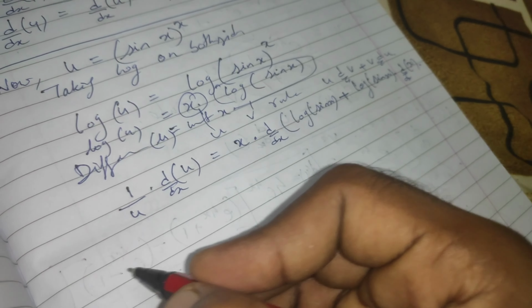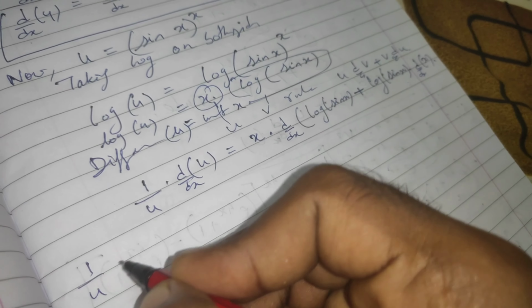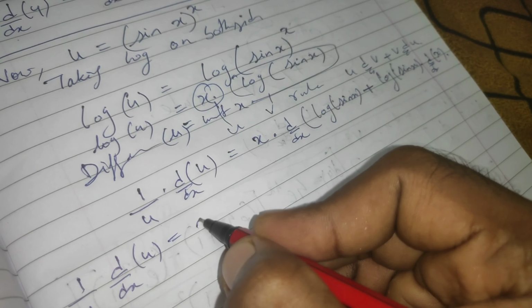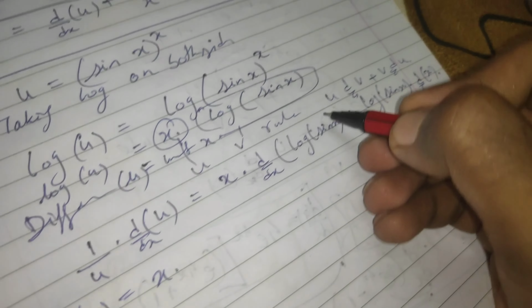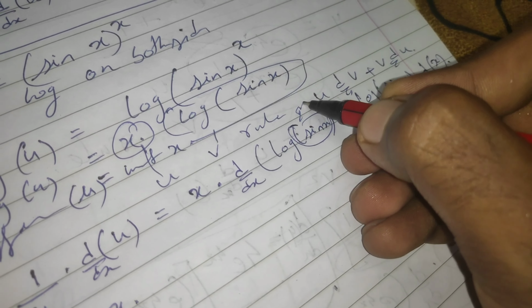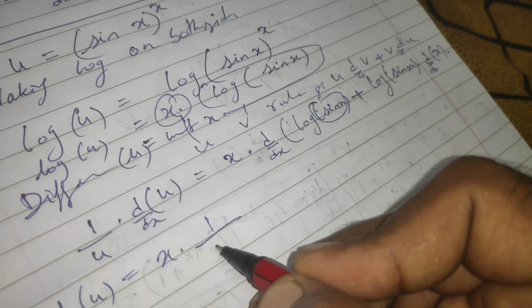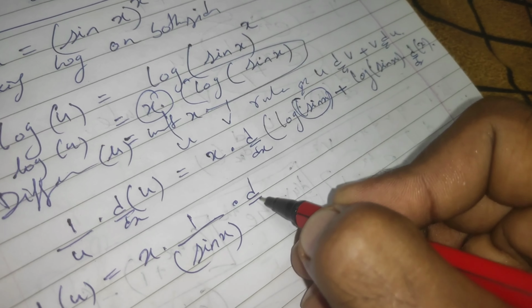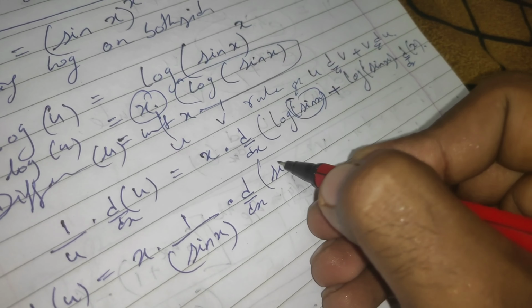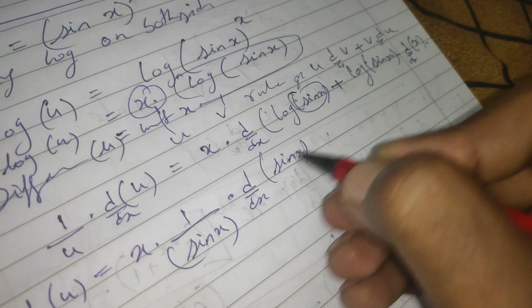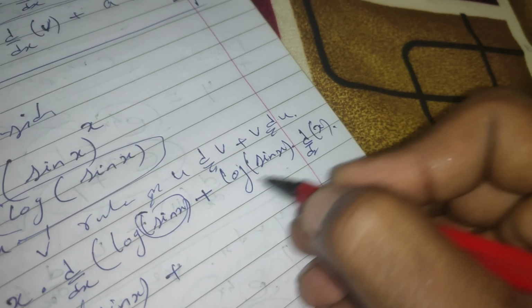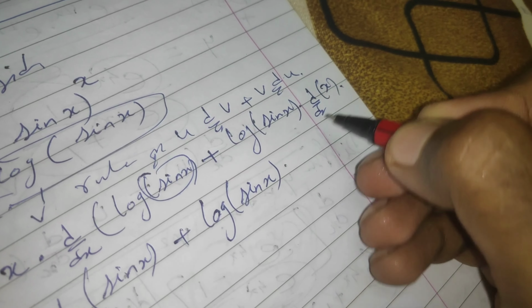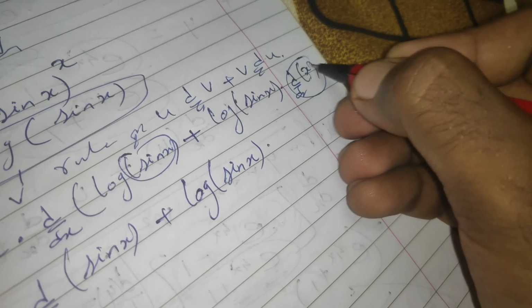So here write as it is, 1 upon u into d by dx of u equal to x as it is into derivative of this. Consider sin x as x, so derivative of log x is 1 by x, where x is sin x, into derivative of sin x, plus log sin x as it is into derivative of x, which is 1, okay.